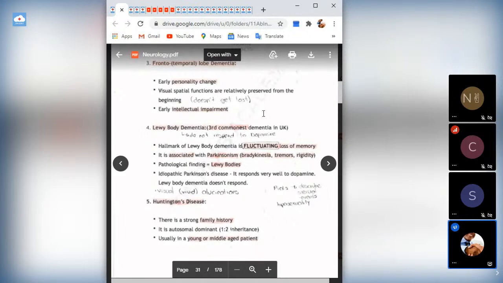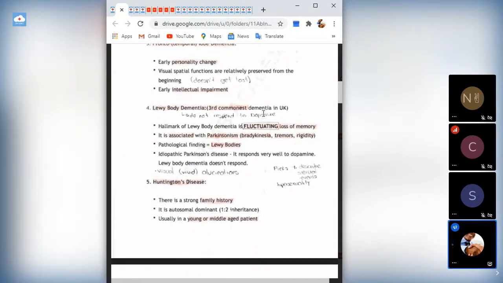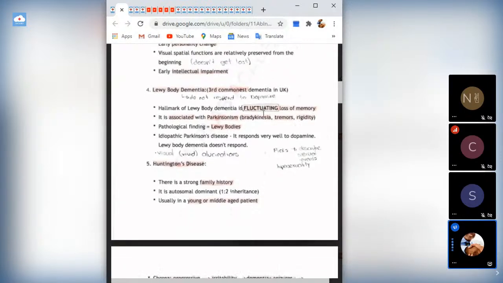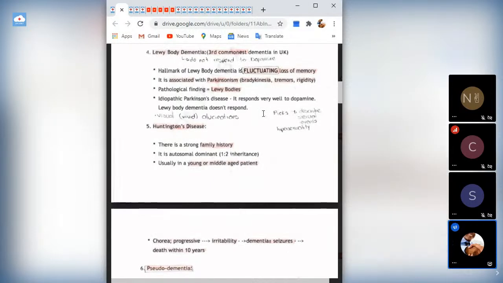Now, the other one we have is Lewy body dementia. It is the third commonest dementia in the UK. One important thing about it is that it does not respond to dopaminergics. The hallmark of Lewy body dementia is fluctuating memory loss.